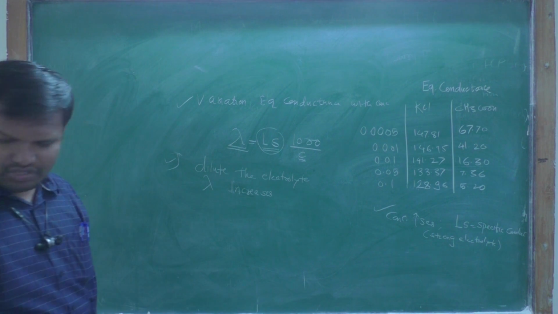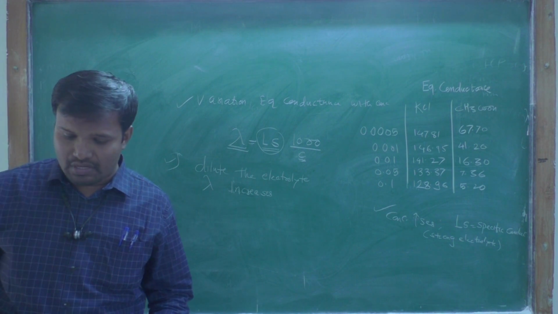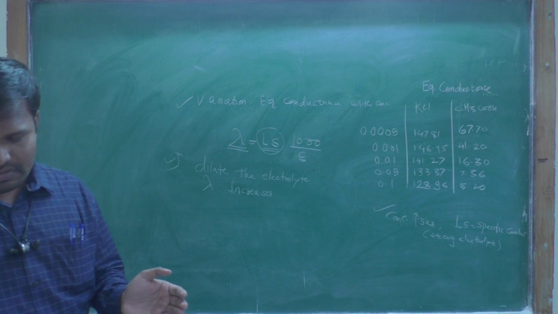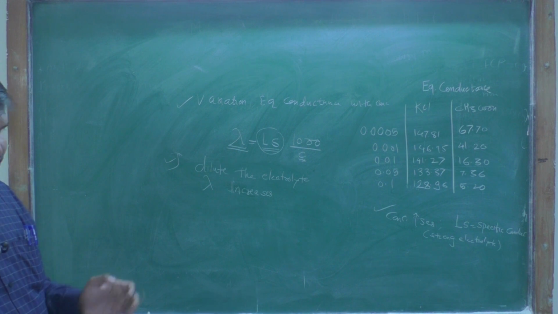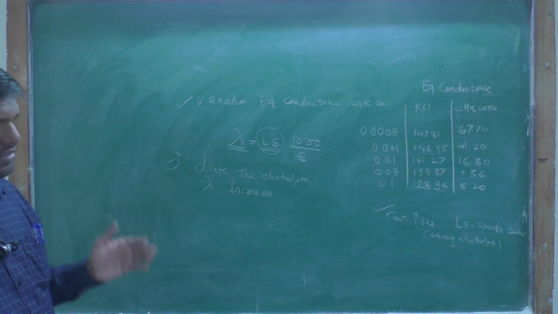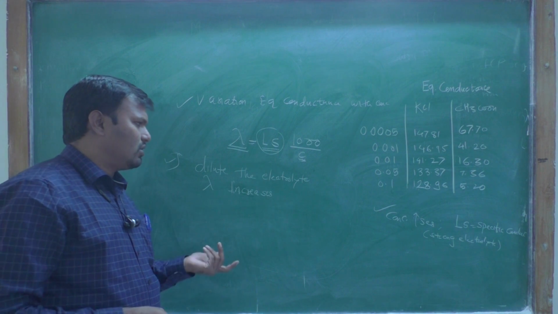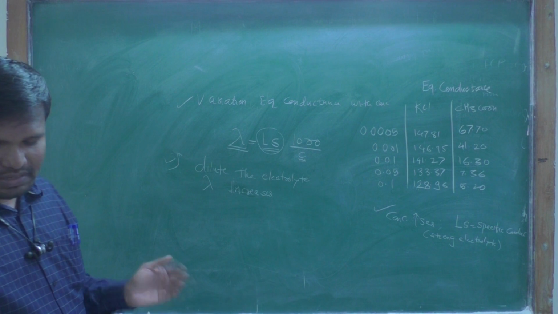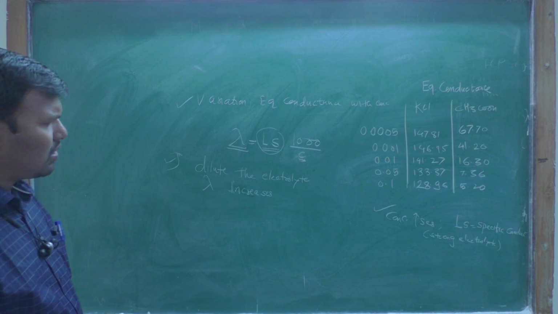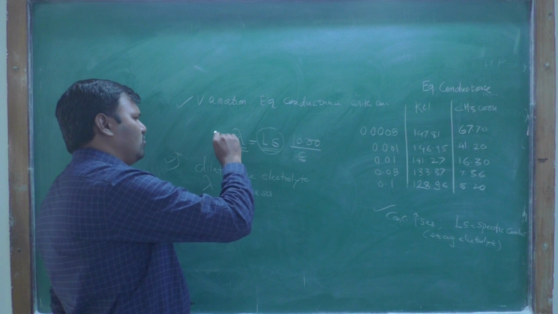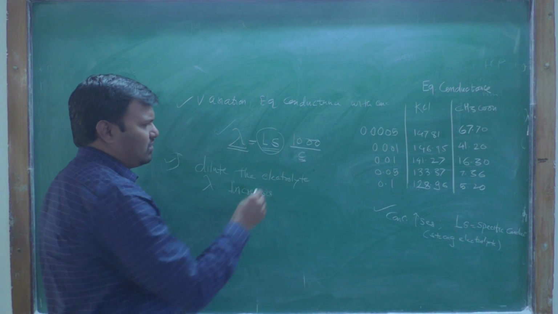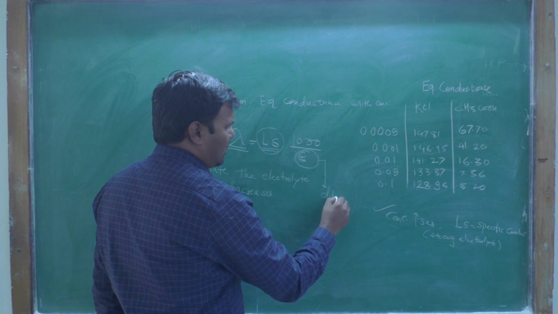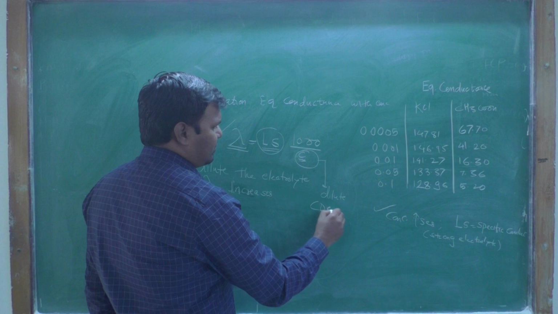Means concentration decreases, your equivalent conductance increases. Other way we can say that if you dilute your electrolyte, the lambda value will increase. When you look at that equation, you find that this quantity increases when you dilute. Dilute means the decrease in concentration.